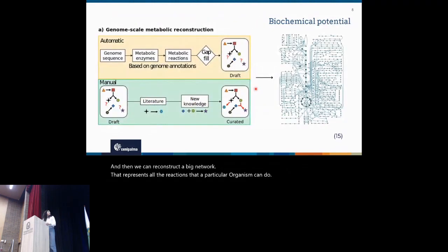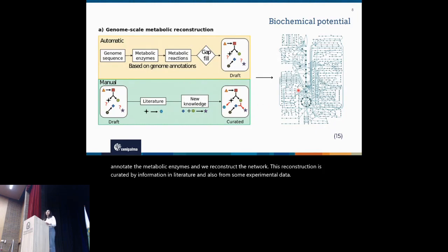This is a general pipeline for metabolic modeling. So as we said, we took the genome sequence, we annotate the metabolic enzymes, and we reconstruct the network. This reconstruction is curated by information in literature and also from some experimental data.